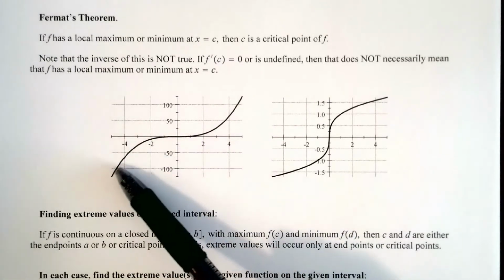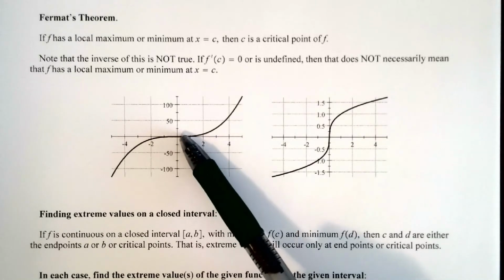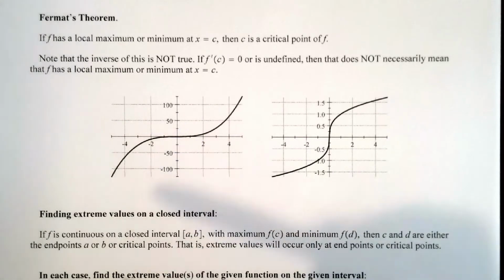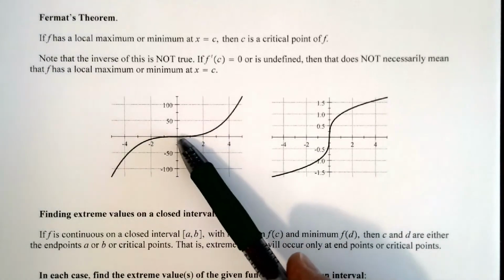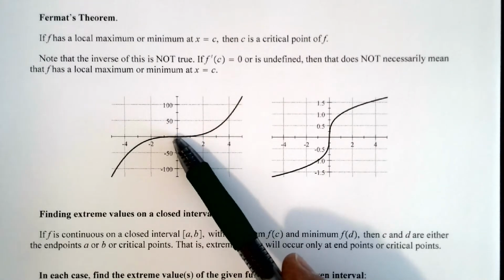But this function is increasing on its domain, and so this is neither a max nor a min here. It's not a local max, let me clarify. It's not a local or an absolute max. On any open interval about 0, there are always values greater than the value of the function at 0.